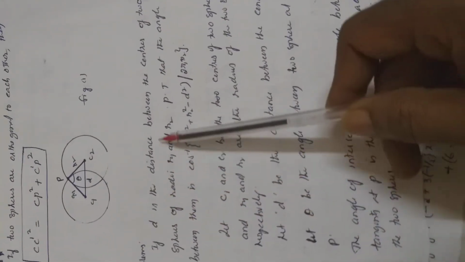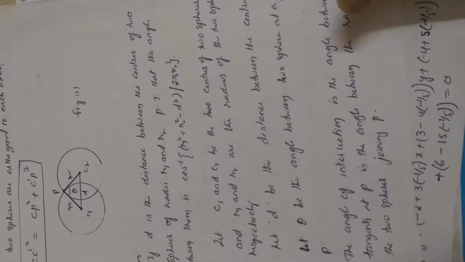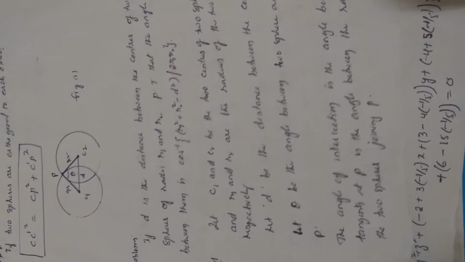Now, what are C1 and C2 here? Given that, suppose two spheres are given to you. That means indirectly centers will be there, no? Let C1, C2 be the two centers of the spheres. Clearly given that R1 and R2 are the radii of the two spheres, right? Now, what is D here? D is already clearly mentioned. D is the distance between the two centers of the two spheres.